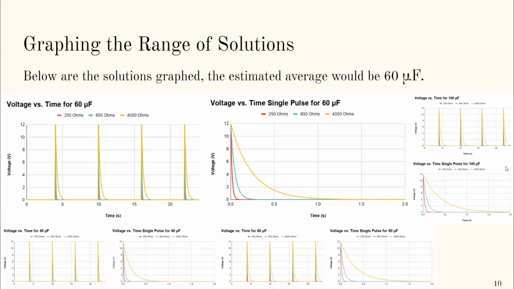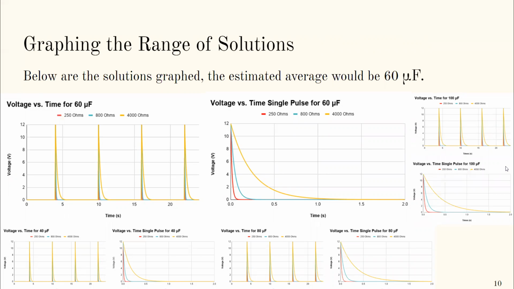So we solve for a range of values, giving us a range of models. First I highlighted the central one, which I would consider average, around 800 ohms and 60 microfarads.